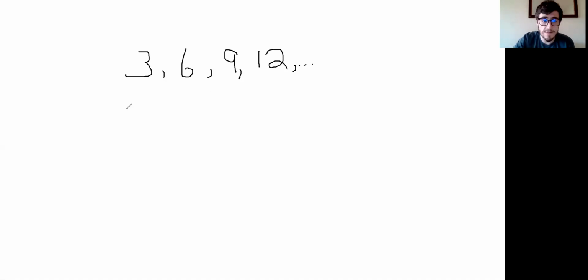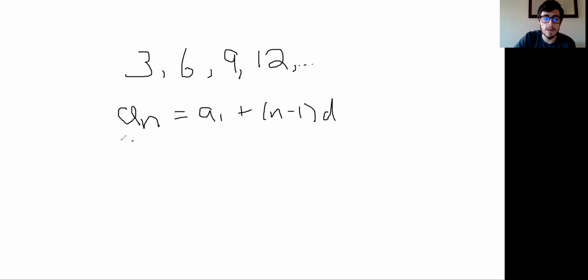So to find the 15th term, I'm going to start with this formula that we're getting pretty accustomed to: a1 plus n minus 1 times d. I'm going to use this to find the 15th term because I need to know it in order to do my sum formula.